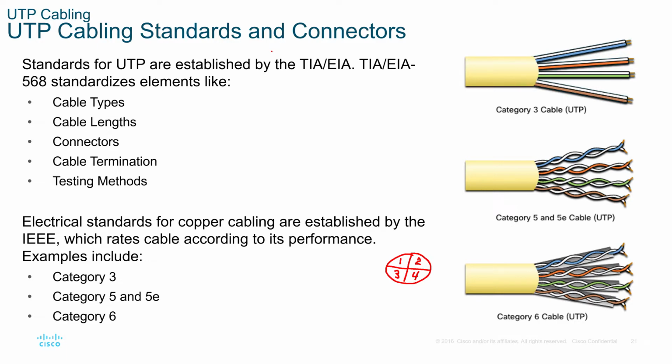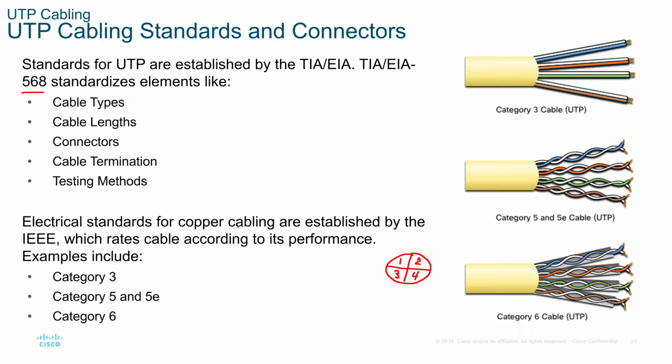Now, the standards that we use to wire these are the TIA EIA 568 standards. And the standards will give us the cable types, the lengths, the types of connectors, how do we terminate it, and how do we test it.